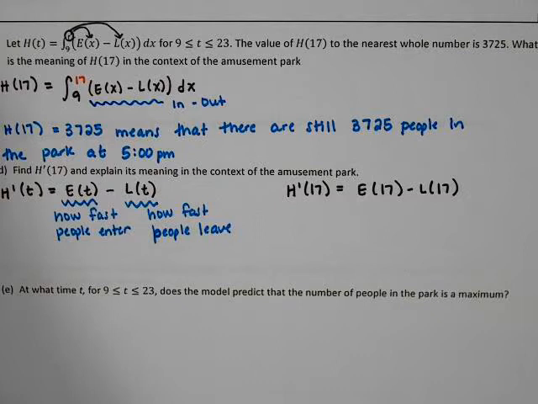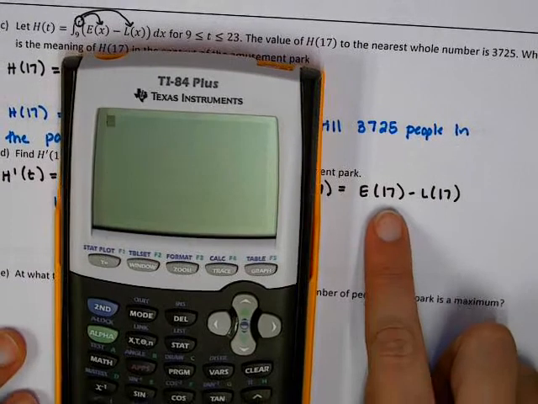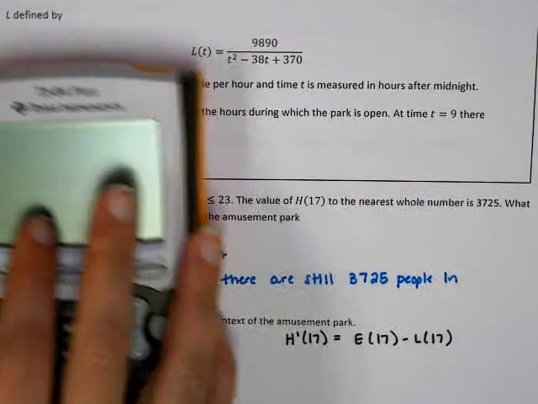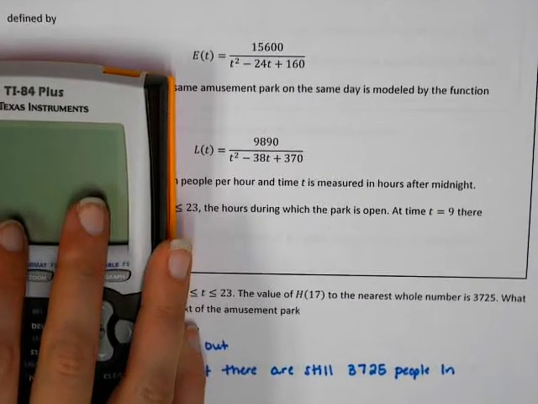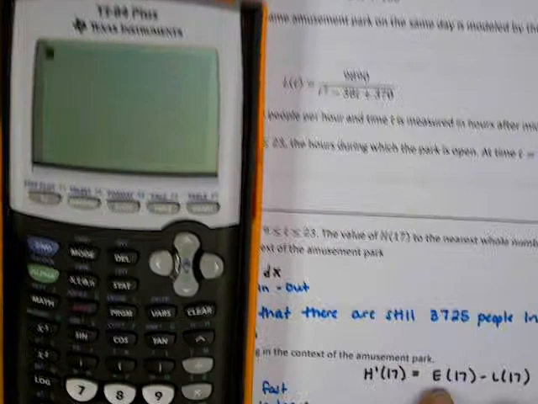Now if we calculate that, because it does say find that number, all we're doing is taking 17 and plugging it into this equation. We're not actually taking the derivative or anything like that. We're just plugging it in because E is just the regular function.